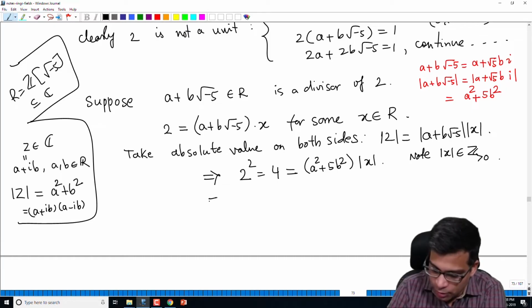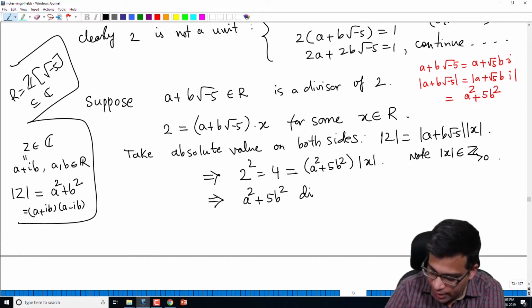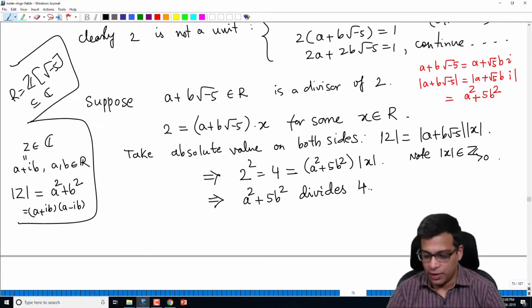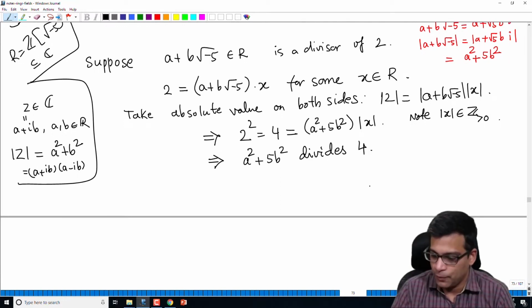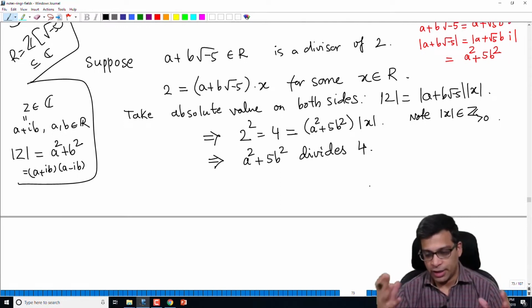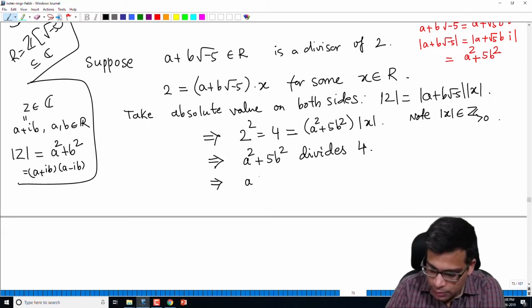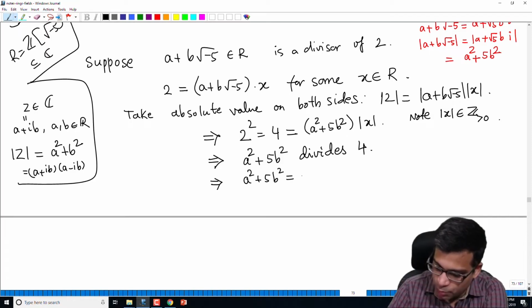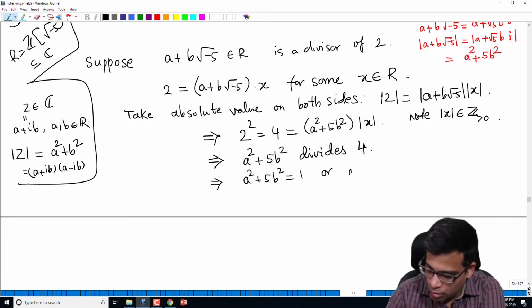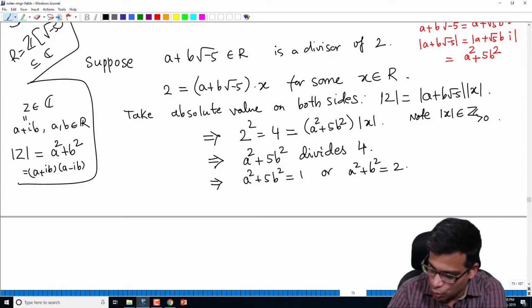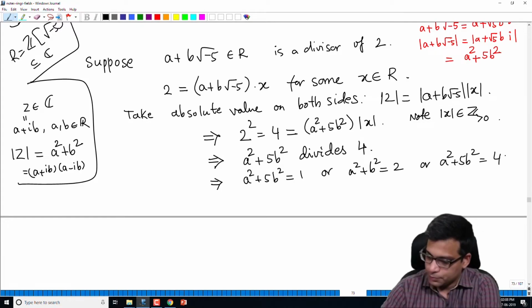This means a squared plus 5b squared divides 4. Now we are in the realm of integers. You have an integer a squared plus 5b squared which divides 4. That means a squared plus 5b squared must be either 1, or 2, or 4.